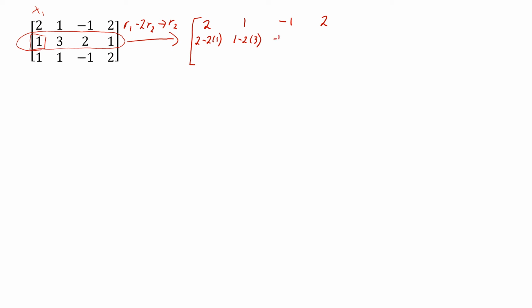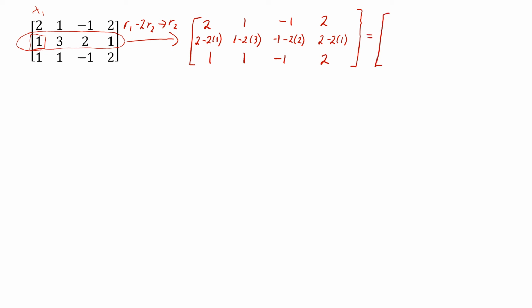My third number is minus 1 minus twice what's in row 1. And then finally, the 2 minus twice times row 1. And my third row doesn't change. 1, 1, minus 1, and 2.